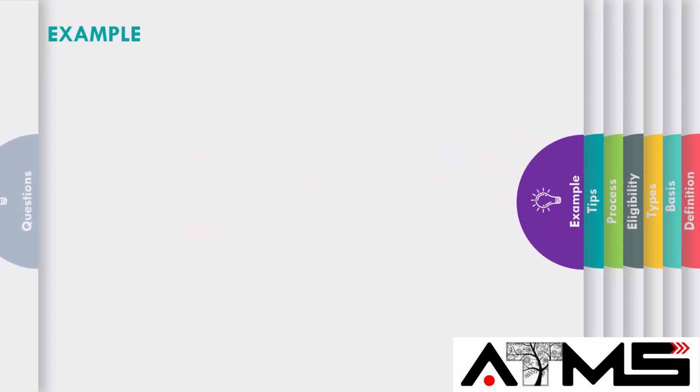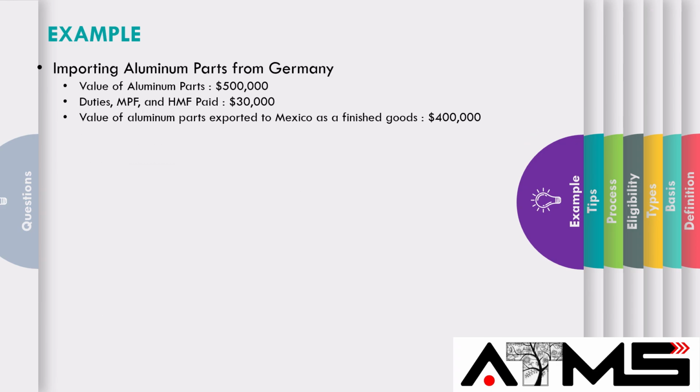Finally, let's go through an example. Suppose you import aluminum parts from Germany worth $500,000 and you pay $30,000 in customs duties and fees.